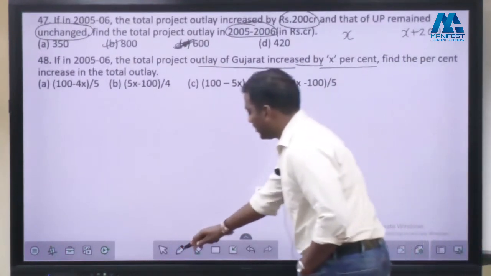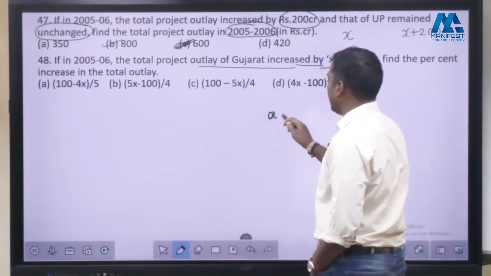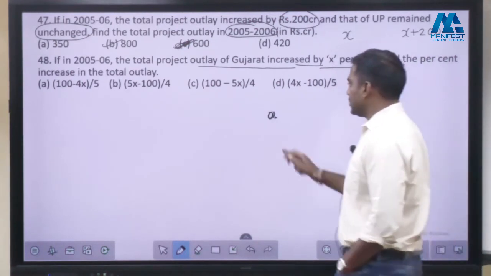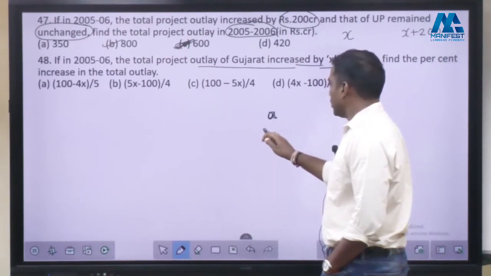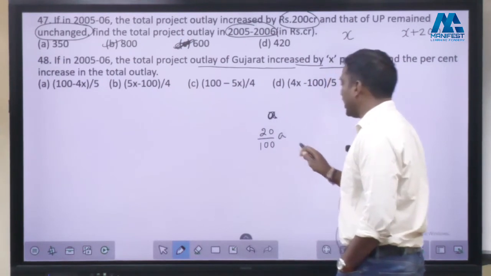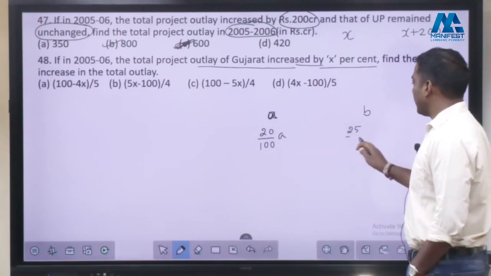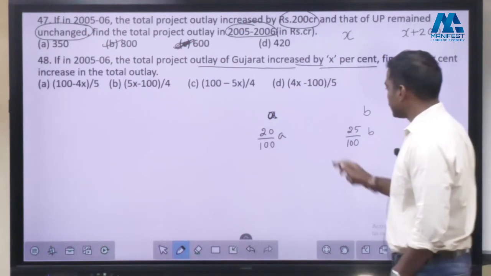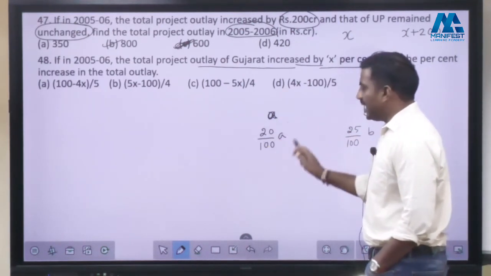What we have taken: in the first year, the budget outlay was A, and in the second year, the budget outlay was B. Gujarat's share was how much here? First year, 20% of A, and here Gujarat outlay is 25% of B. They are asking how much percentage increase of this.